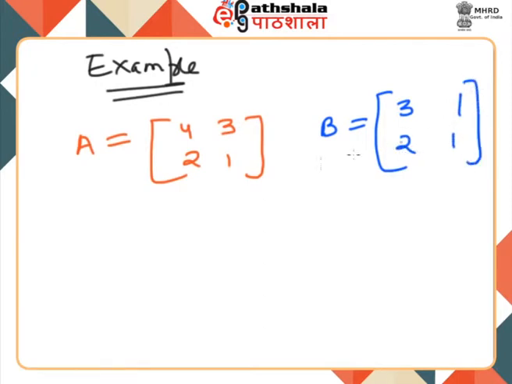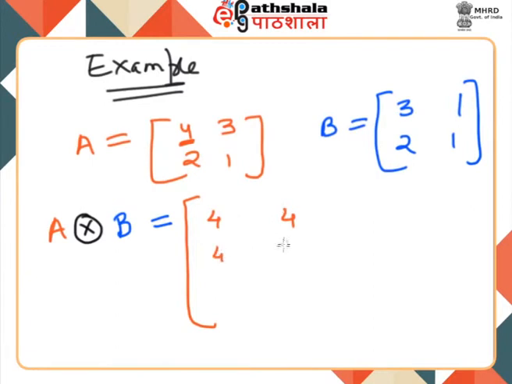In this case, the direct product A with B will be given as follows. We take the first element of A, from the first row and first column, and write it at these 4 places.